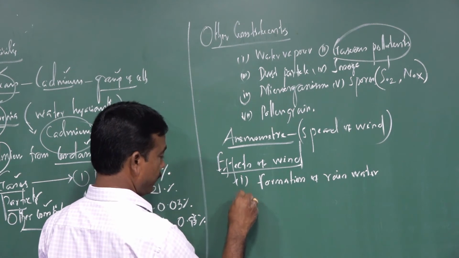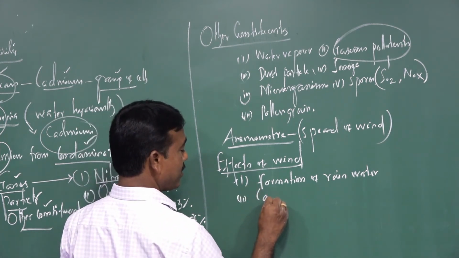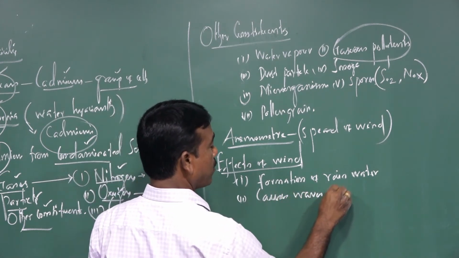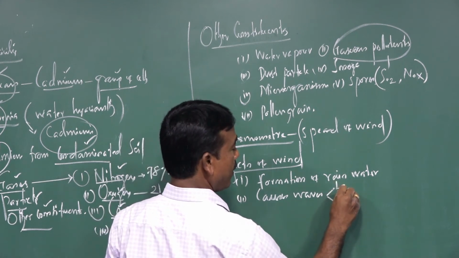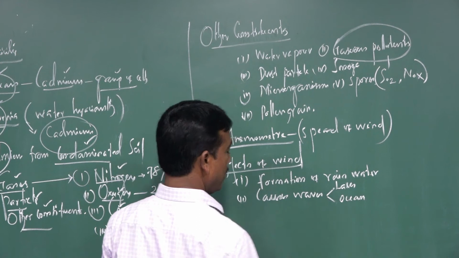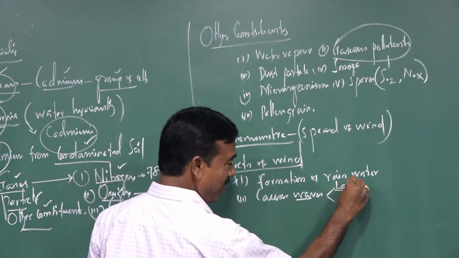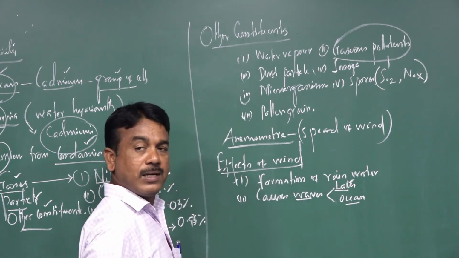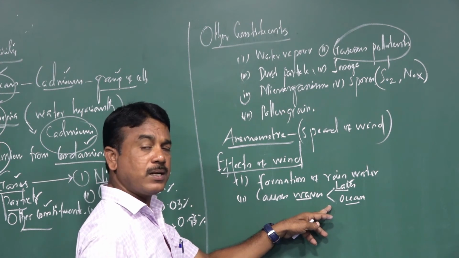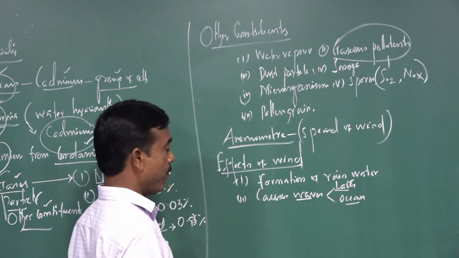Second thing, it causes waves on the surface of lakes and oceans. When the wind flows, it causes waves on the surface of lakes and the ocean, which leads to stimulation and production of water vapor.